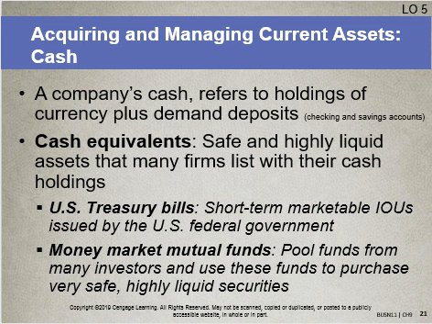They're actively traded on the secondary markets. In other words, their owners can sell them to other investors before they mature. So you can say that they are highly liquid. And then money market mutual funds, that's just a mutual fund that pools funds from a lot of different investors and uses those funds to purchase very safe and very highly liquid securities.